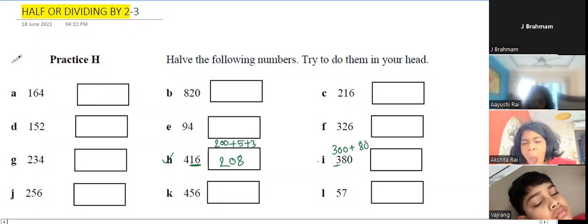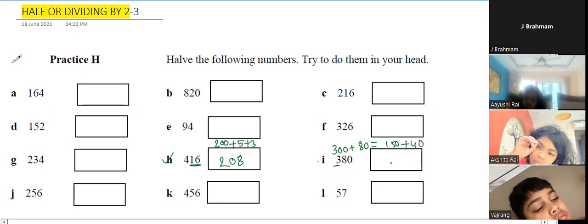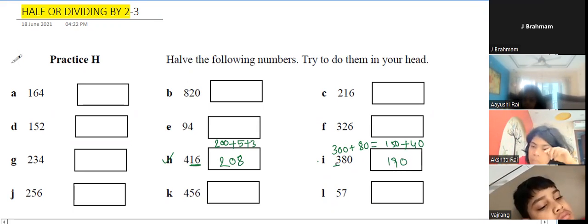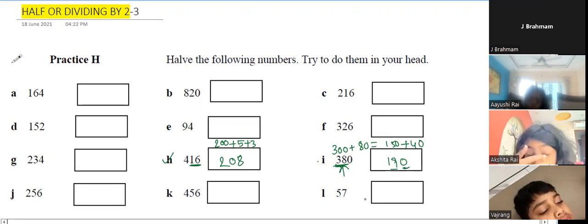Half of 300 is how much? 150. 150 plus 40 plus 40, 190. Correct. Just tell me, half of 38 is how much? Half of 38 is 19. Later you can add that 0.